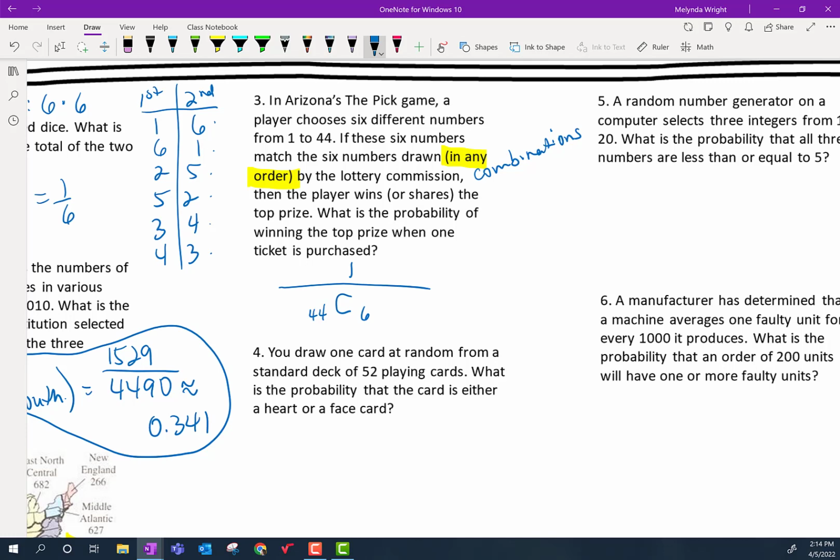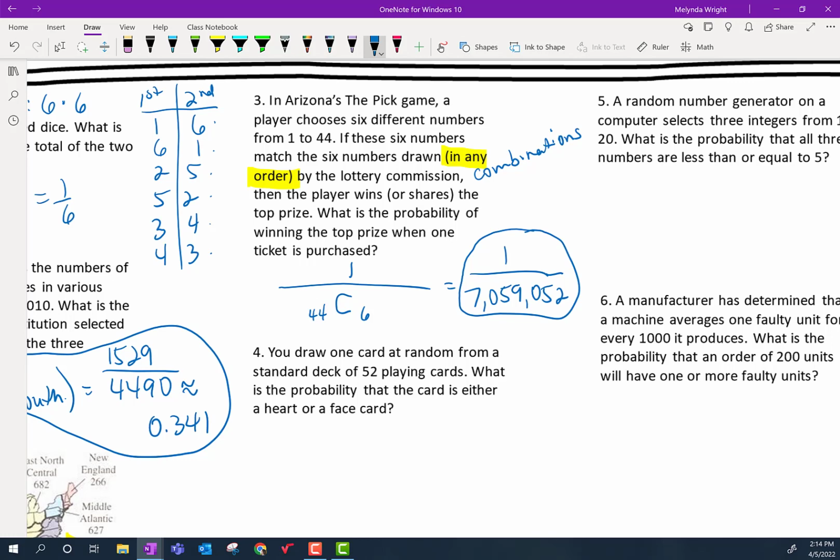So that would be 1 over 7,059,052. So you can see why I would rather buy a pair of shoes than buy a lottery ticket. So that would be 1 out of over 7 million different ways to choose 6 numbers out of 44.